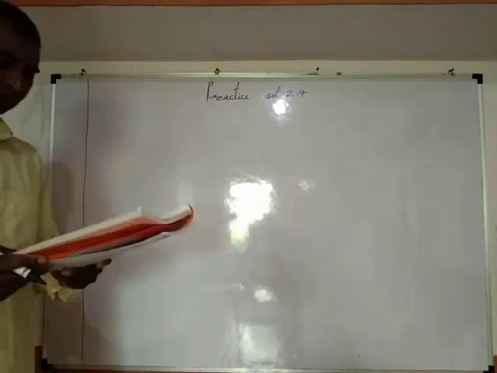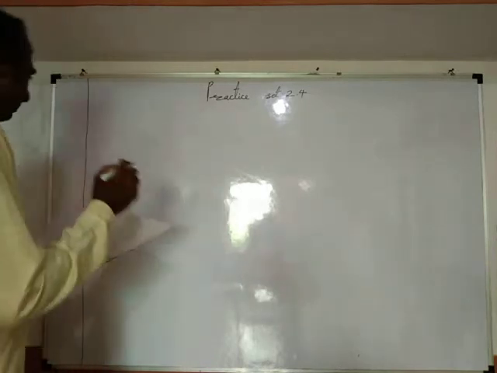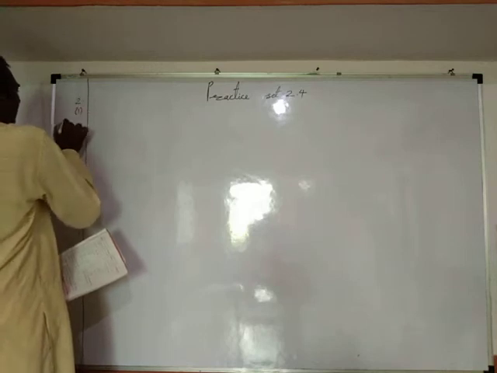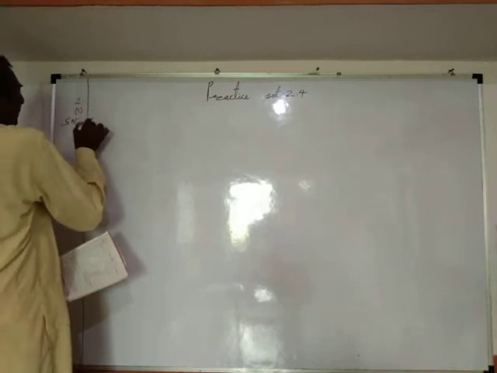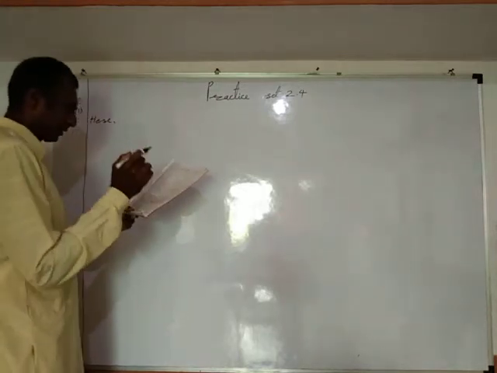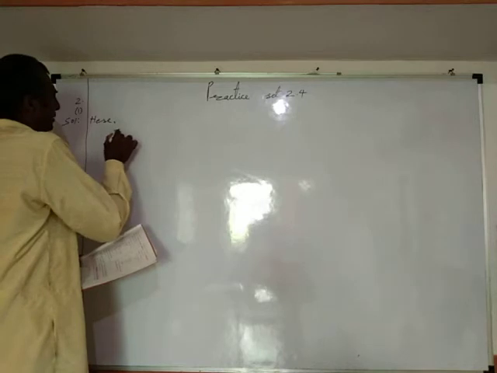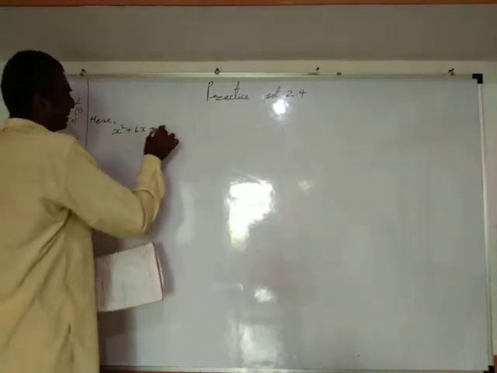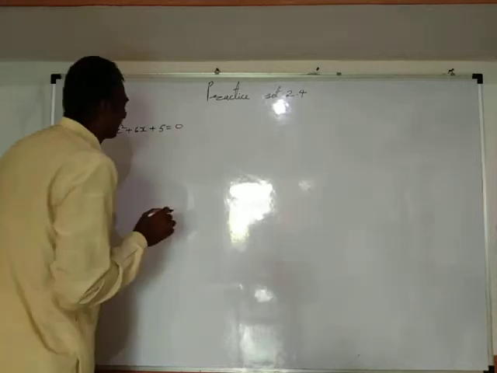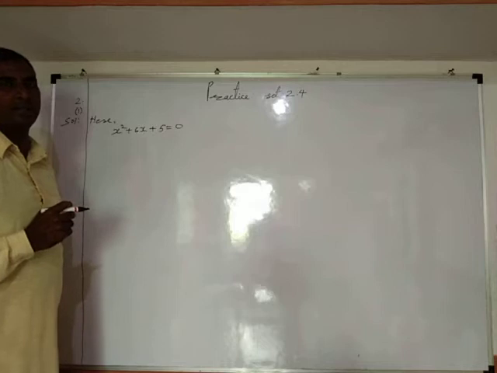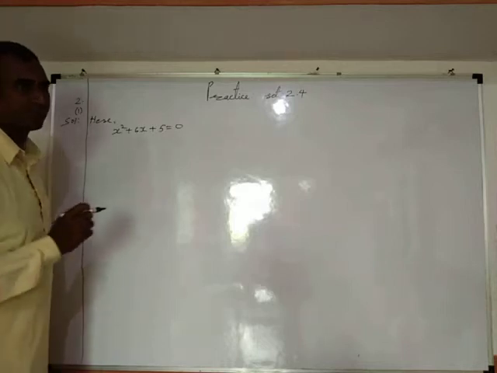Question second, solve using formula. Sub question first. Solution. Here the given equation is x square plus 6x plus 5 equal to 0. Okay, it is already in general form, that is in the form of ax square plus bx plus c.